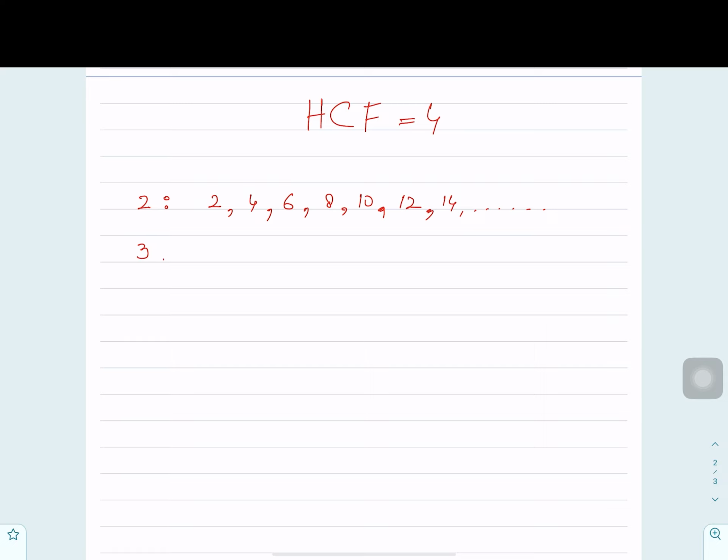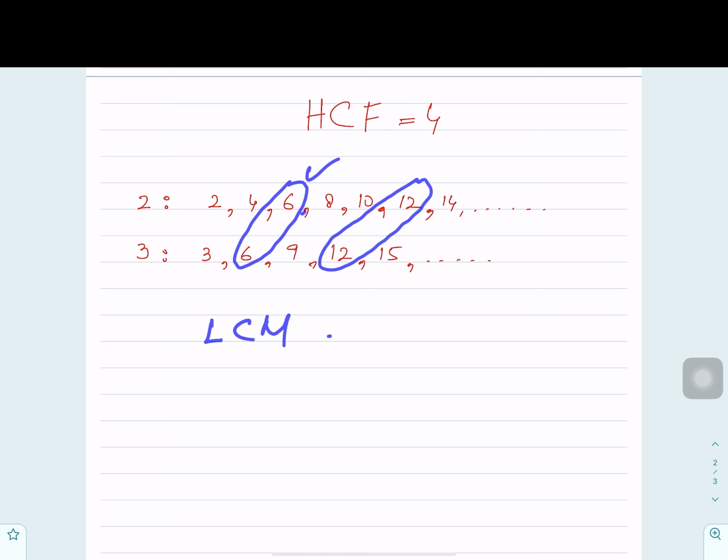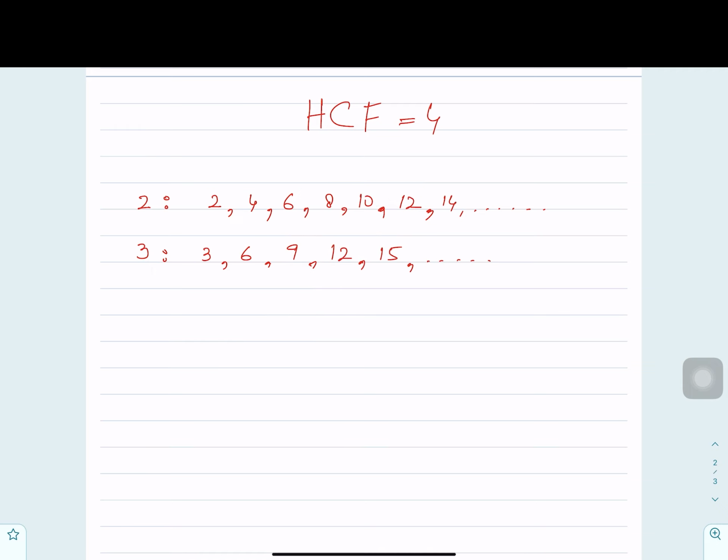Let's say your second number is 3, and similarly if I ask you to find its multiples, so it is 3, 6, 9, 12, 15, and so on. So there are multiple common multiples. One is 6, second is 12, but they are asking lowest common multiple. So which one is lowest? 6 is lowest common multiple. So we will write LCM, which is lowest common multiple.